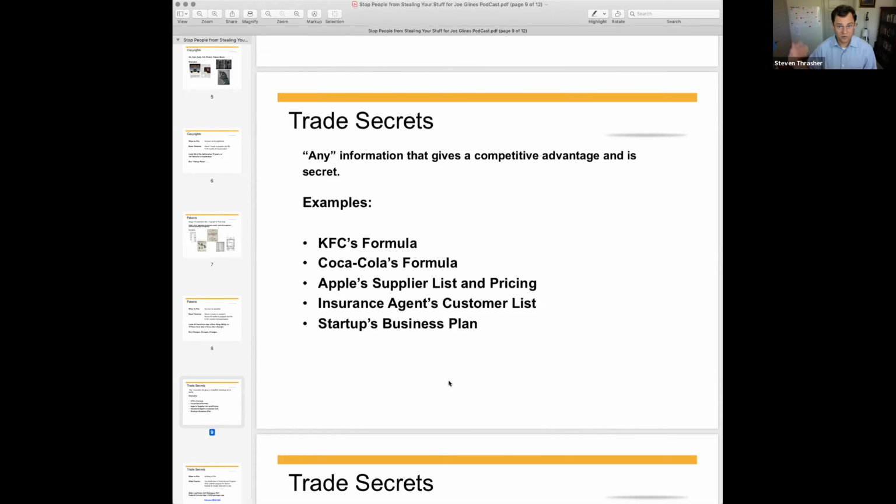Examples of trade secrets are, the most famous is probably the Coca-Cola formula, but it also applies to things like the 11 herbs and spices of KFC chicken. But it also applies to things that are much more, you might think, common, or compilations of publicly available information, like a customer list or supplier list.